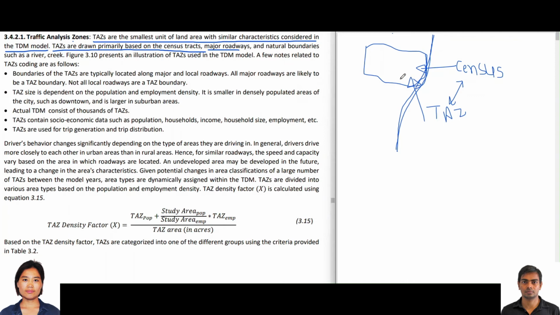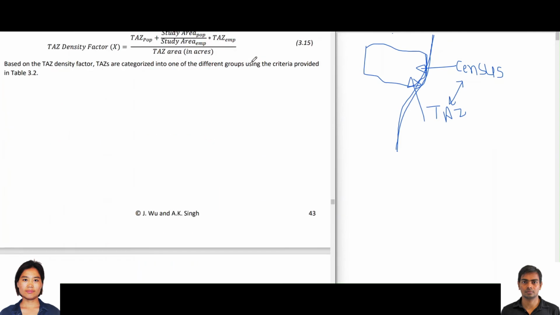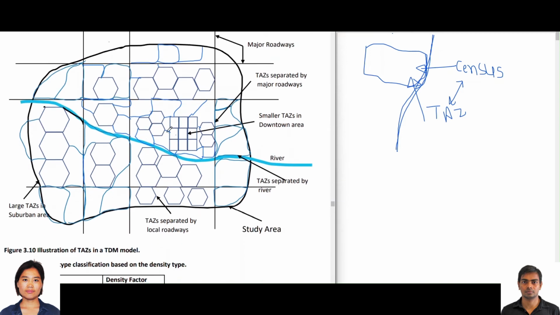Sometimes minor roadways as well, and then natural boundaries such as rivers and creeks. Figure 3.10 represents the TAZs used in the TDM model. This is an illustration of how the TAZs are drawn. We'll notice there is a river here, which is how some of the TAZ boundaries are defined.